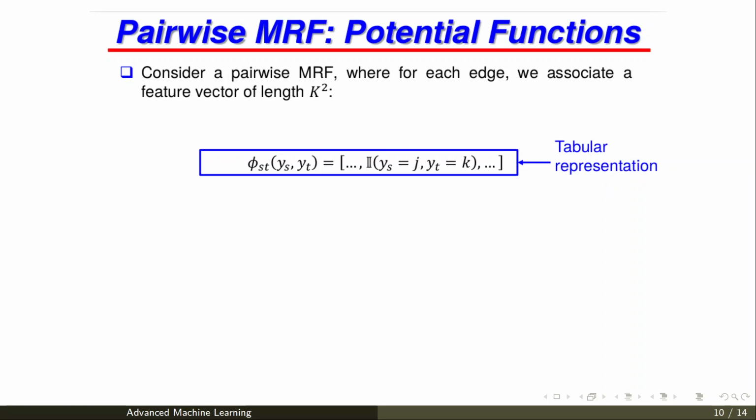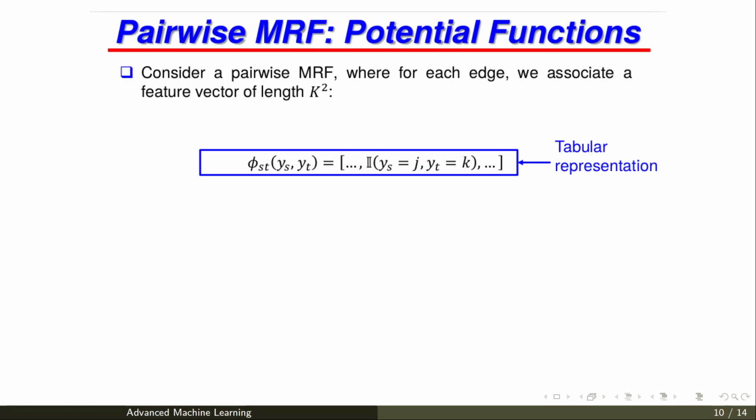So each of these feature vectors will be an indicator function, I, where y s is equal to j and y t is equal to k, which takes the value 1 if the variable y s is equal to j and y t is equal to k. So here you are going to have a feature vector of k square values.